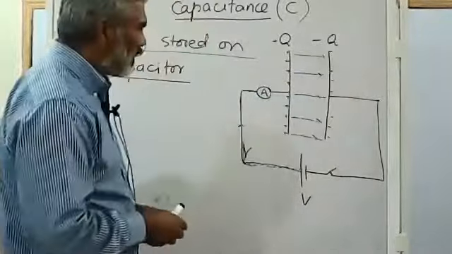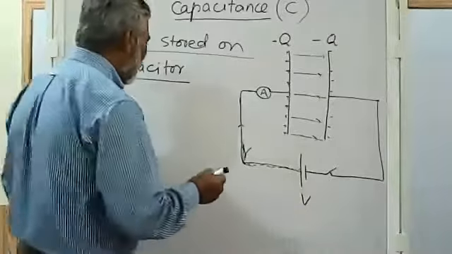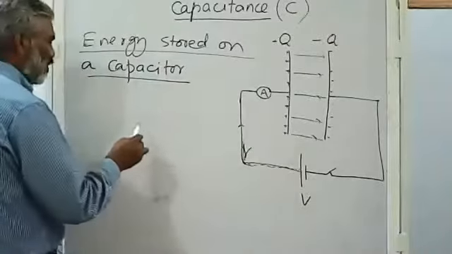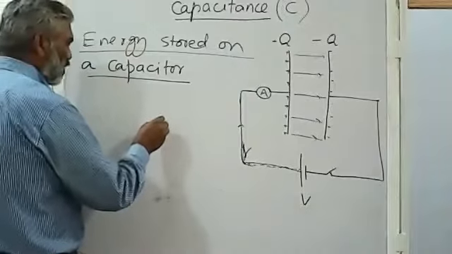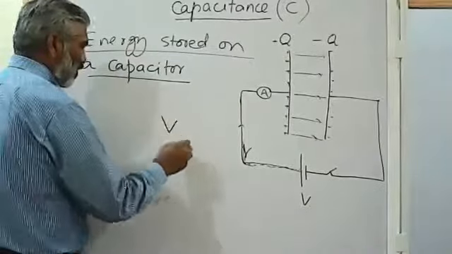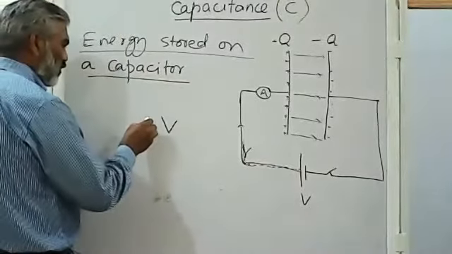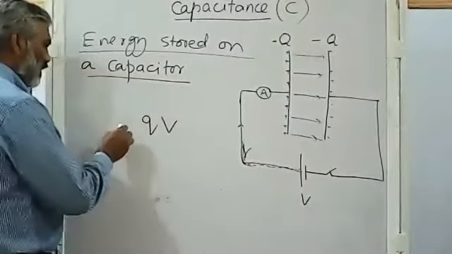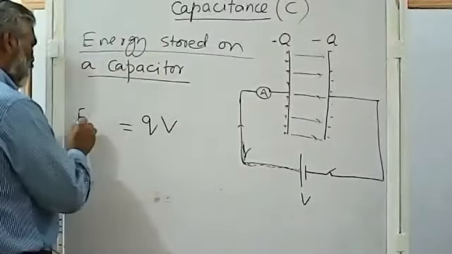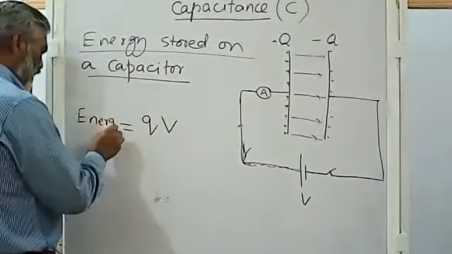Energy stored when you have a uniform electric field established due to a charge here and a charge here. That means the energy that you have stored on this capacitor is V, the difference of potential, multiplied by the charge. This is actually the energy involved here.